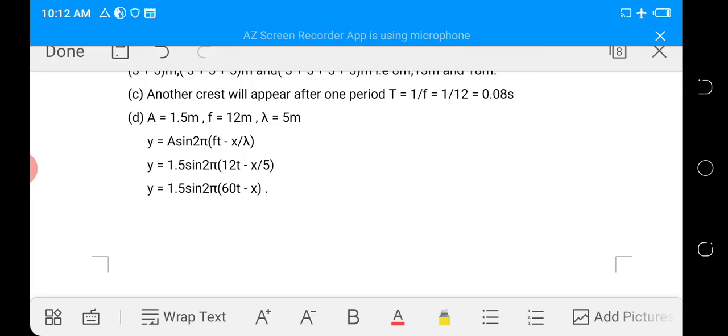Substituting for all those parameters, y is equal to 1.5 sine 2 pi into bracket 12t minus x over 5. If I factor out 1 over 5, I am going to have 1.5 sine 2 pi all over 5 into bracket 60t minus x. Remember, the last equation is y equal to 1.5 sine 2 pi all over 5 into bracket 60t minus x.